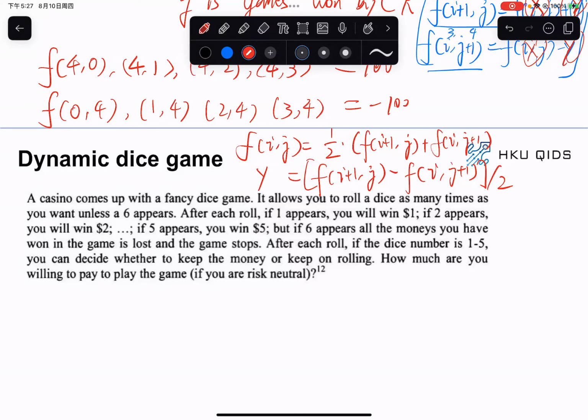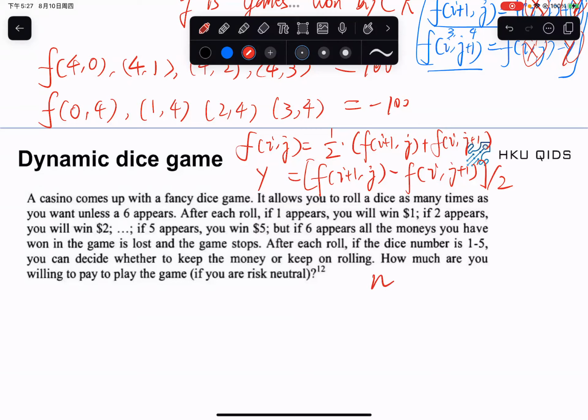How much are you willing to pay to play the game if I'm risk neutral? So basically it is asking what the expected value of this game is, right? So assume we already have $N, right?